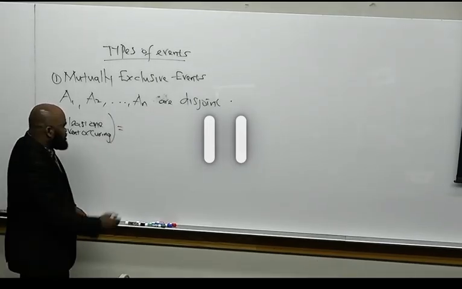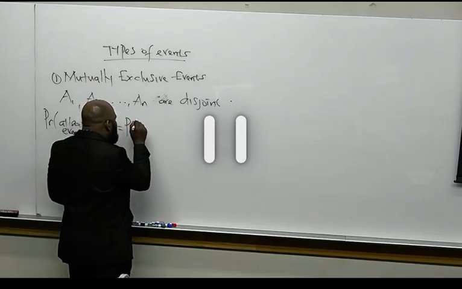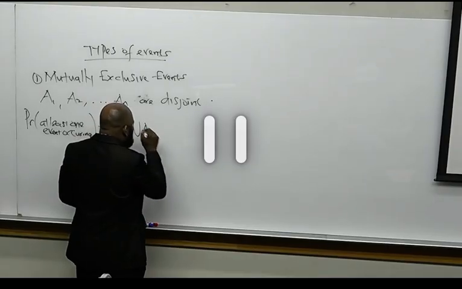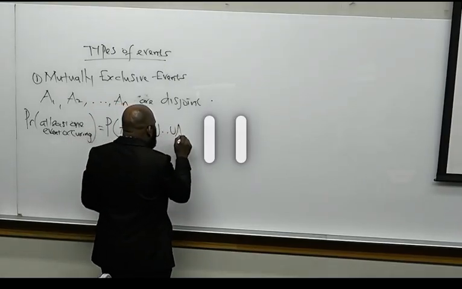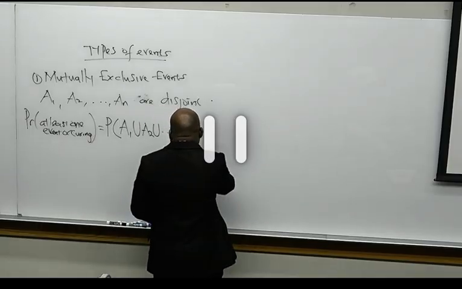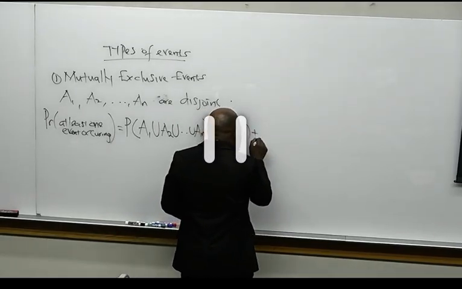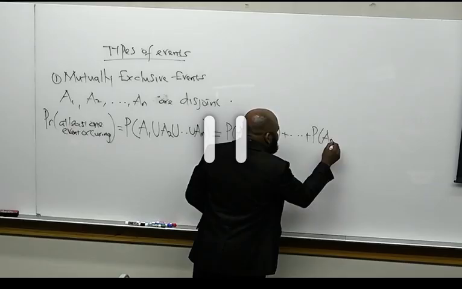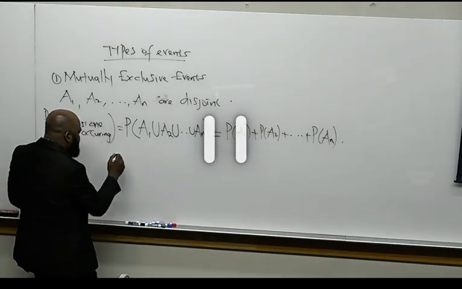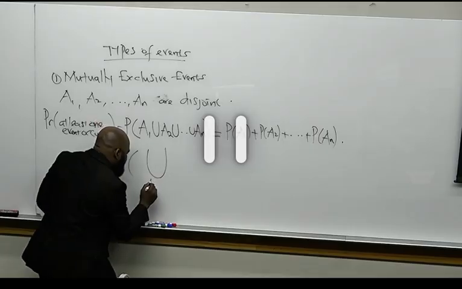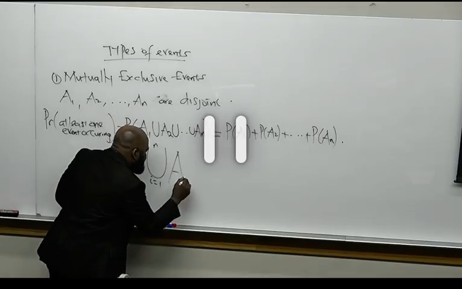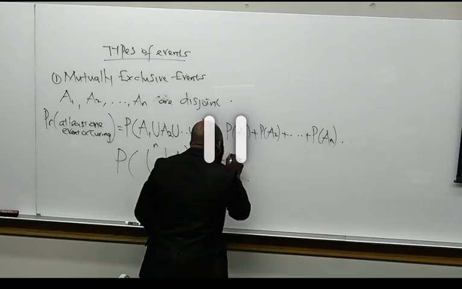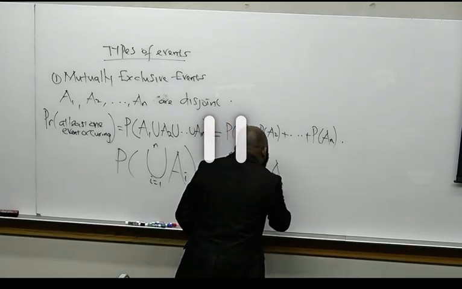It means I want to figure out the probability of A1 union A2 union, and so on until I get to AN. This is going to be the same as adding the probabilities all together. In short form, I write the union from i equals 1 to N of Ai, and this is going to be the summation from i equals 1 to N of the probability of Ai.